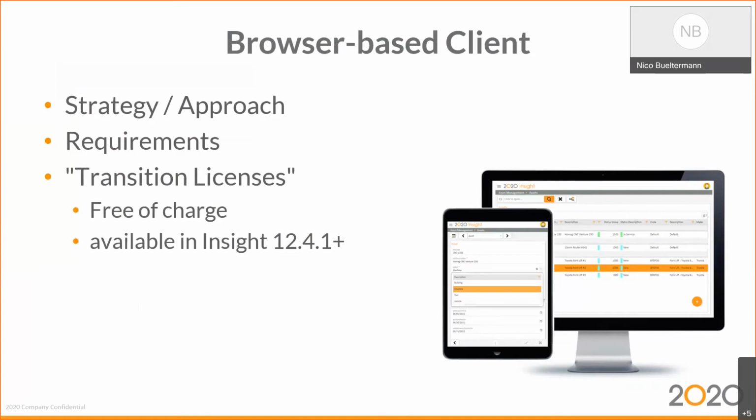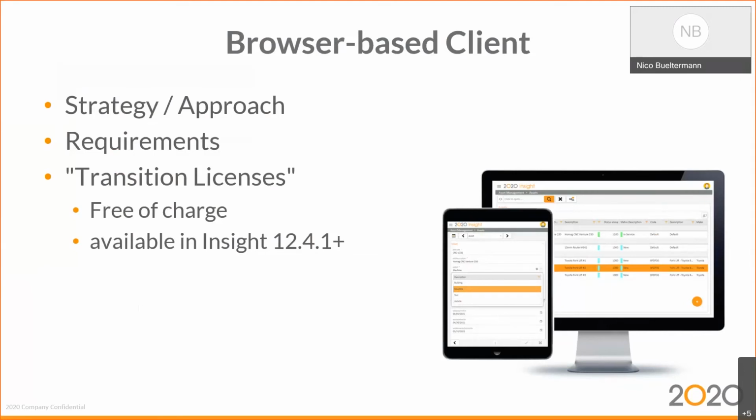To support this, we have created what we call a transitional license that allows you to use all of the available features of the browser-based client during Insight's transition towards a fully browser-based client, including all of the different forms you know.